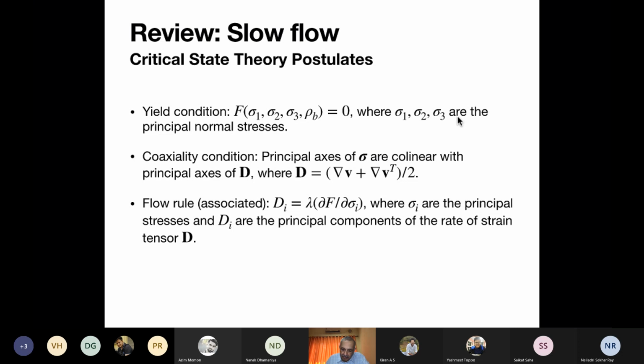That means they are in the same direction, along the same axis. And then we also have something called the flow rule, where d_i is just lambda, which is a constant, times the derivative of f with respect to sigma_i, where sigma_i is of course the principal stress, and d_i are the principal components of d. So these three will define this critical state theory.